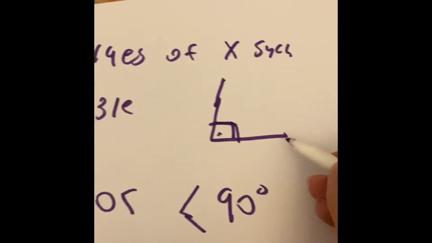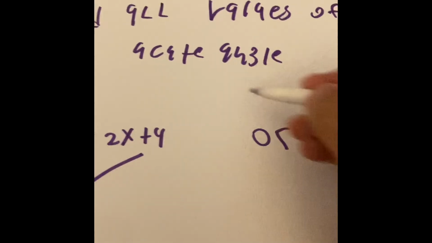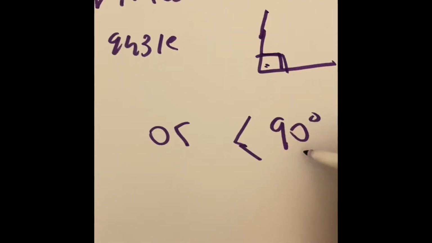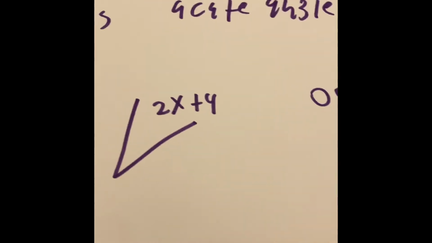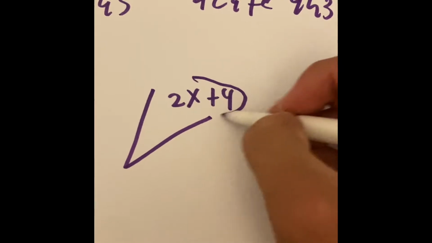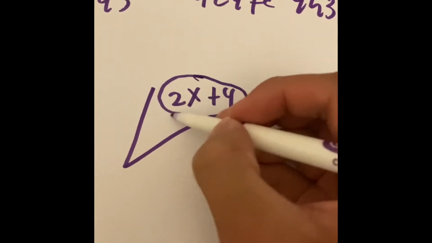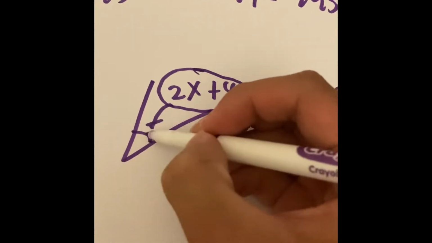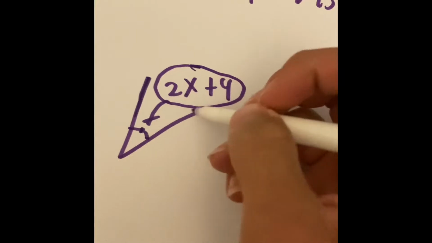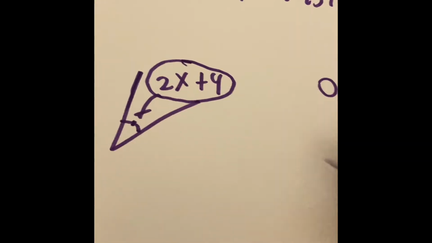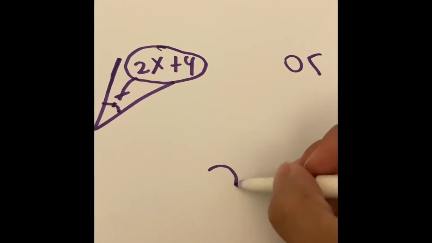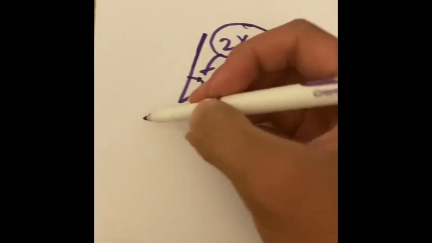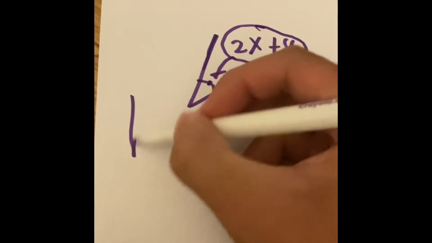So, since the type of angle that we're working with is an acute angle, and an acute angle is less than 90 degrees, there's an equation right here, and that's telling us how much in degrees this acute angle is. So with that equation, it has to be greater than 0, because if we have it at 0, then it's just going to be a line.